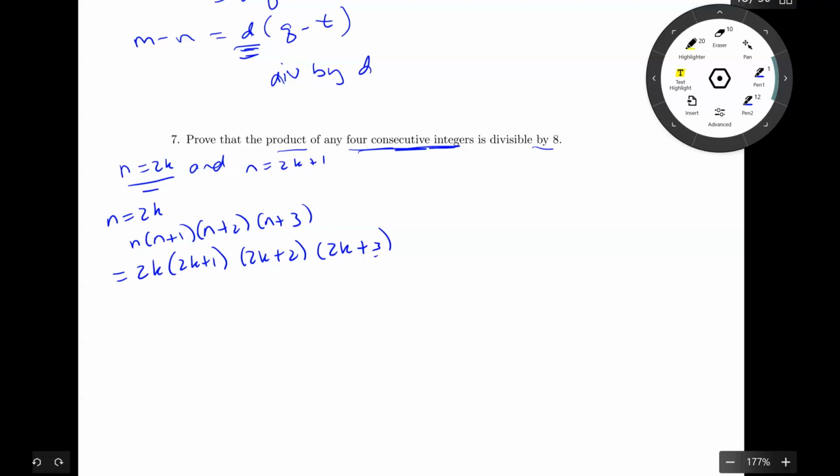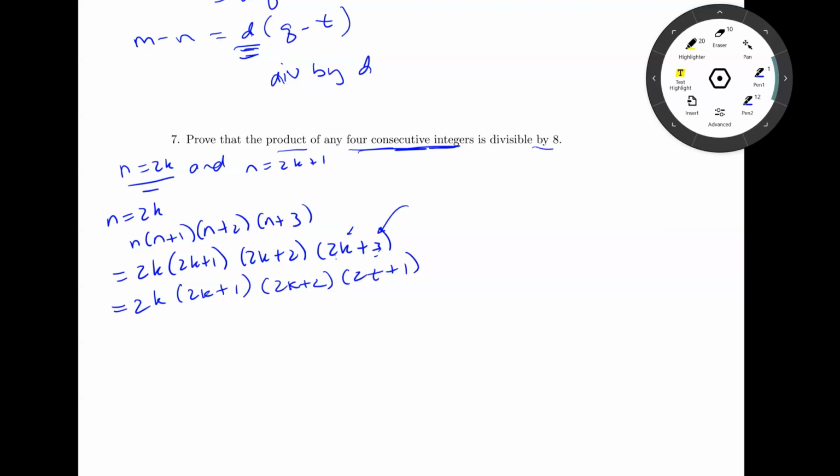So this would give me another multiple of 2. I'm just trying to see what I've got here. So 2k plus 2 would give me a 2, and I'll use a different letter: 2t plus 1, right? Because this 3 would break down. I'd have another multiple in here, and then a plus 1.